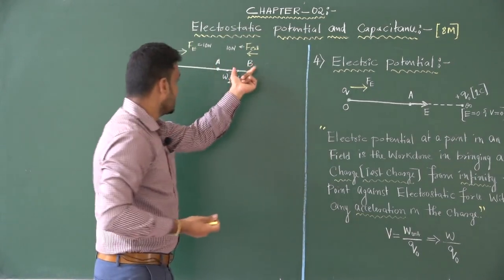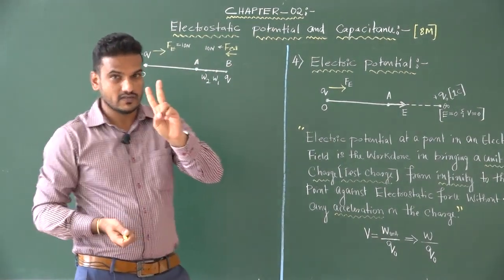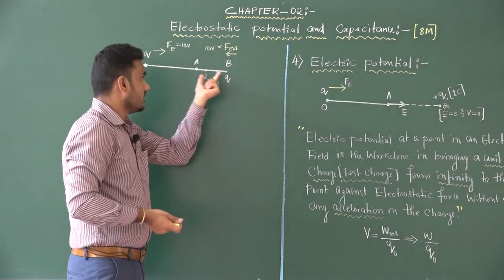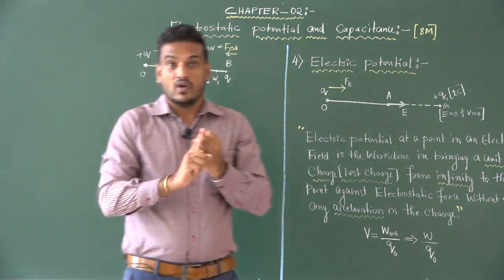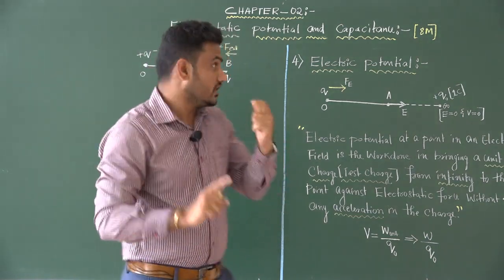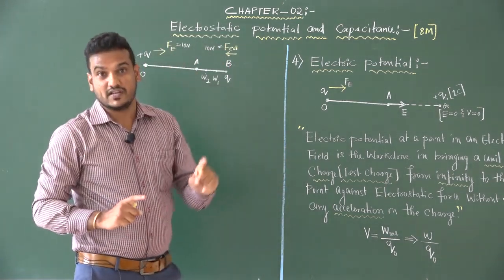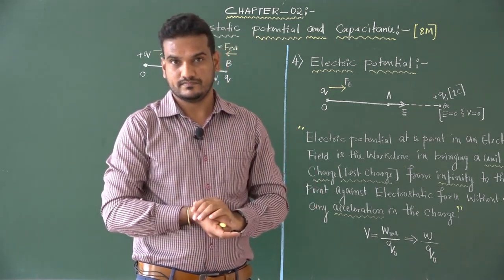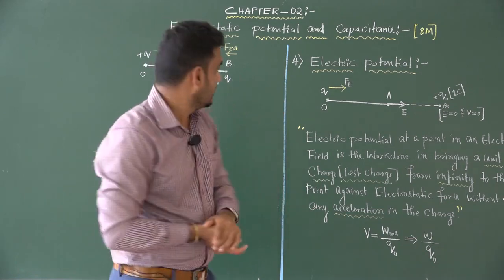So two things we understood: first, the work done in bringing the charge from B to A varies from point to point. The second thing, while doing the work to bring a charge from B to A, the acceleration produced in the charge is 0 because we are moving with constant velocity.